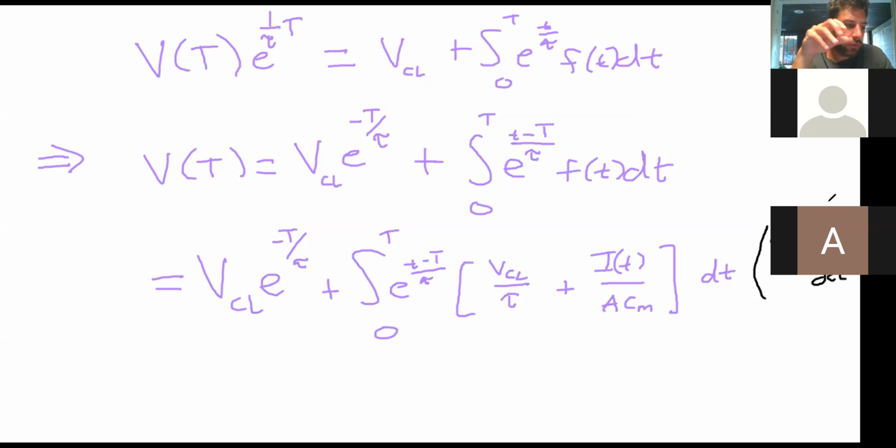So tau is you take C sub M and you divide it by G C sub L. So remember, G C sub L is this conductance. And this C sub M, that's a capacitance. I don't remember if I said that or not.